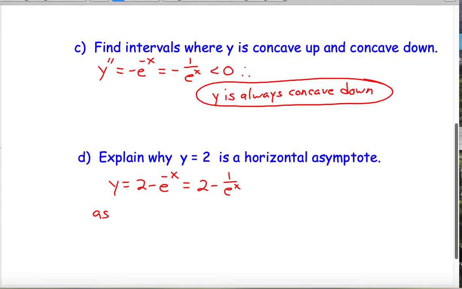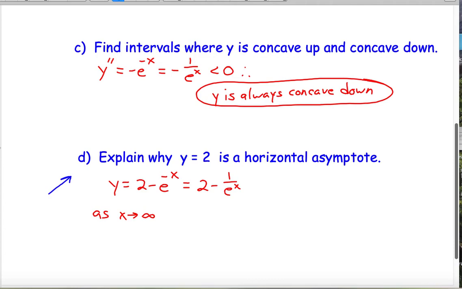So what happens as x approaches positive infinity? Well, as x gets really, really big, e to the x gets really, really big, and 1 over e to the x therefore gets really small and closer to 0, and then 2 minus a really small number is going to give us numbers that are getting closer and closer to 2, a little bit less than 2.